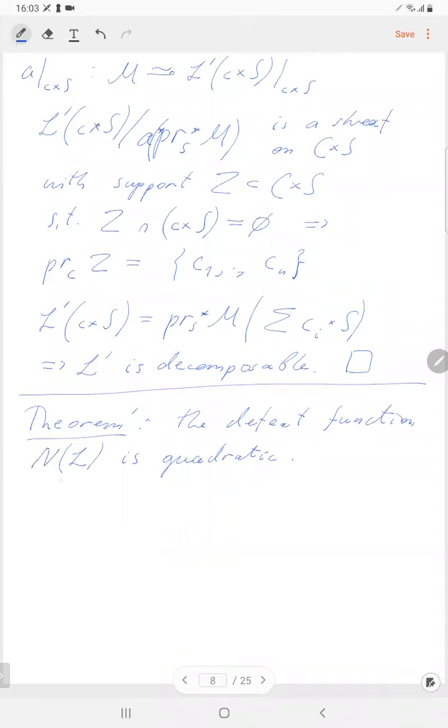It means that, let's define the corresponding bilinear form. Sorry.